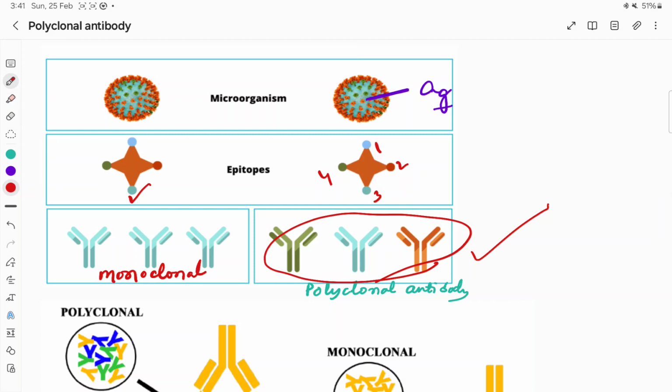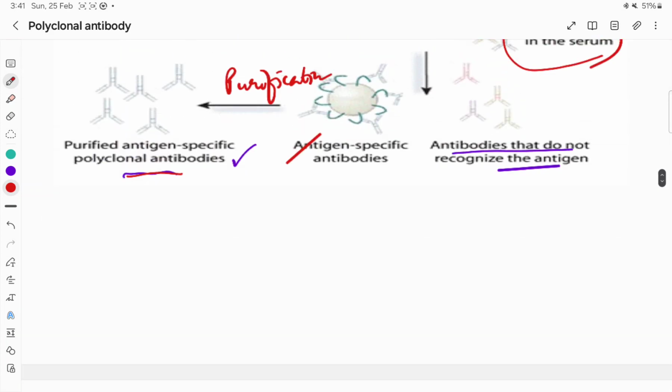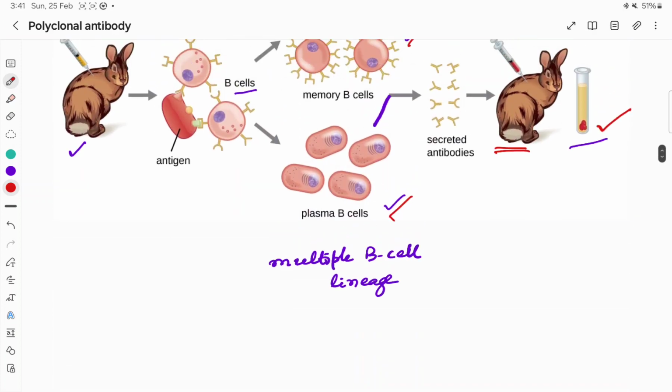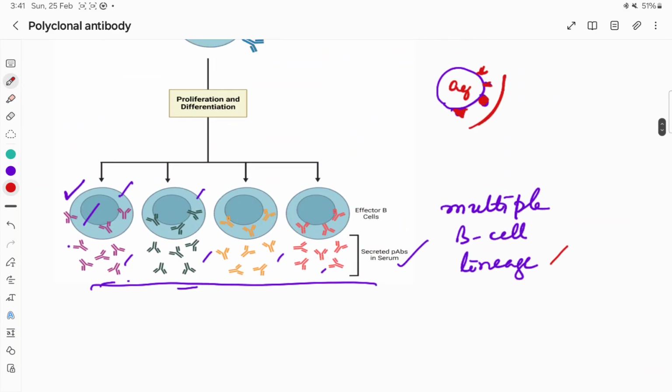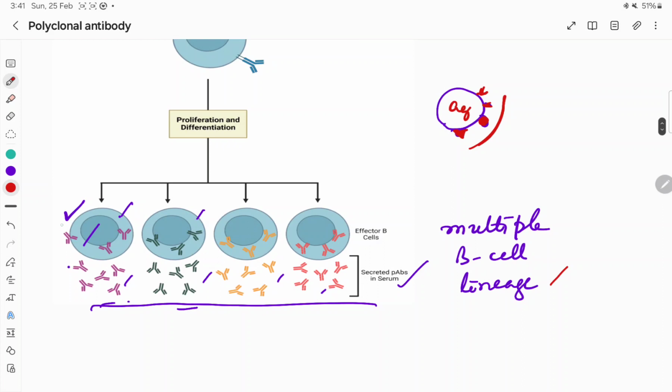In polyclonal we have multiple B cell lineages, and in monoclonal we have a single B cell lineage. So only one B cell we will collect, and then we will proliferate it. Suppose we select this one B cell, and we proliferate it and make clones, then if we produce antibodies, we will have monoclonal antibodies.